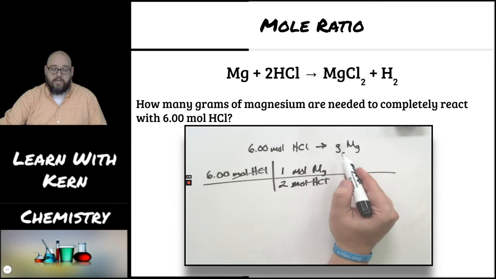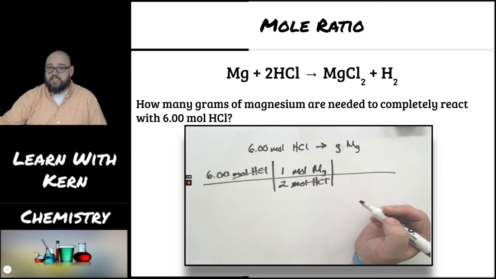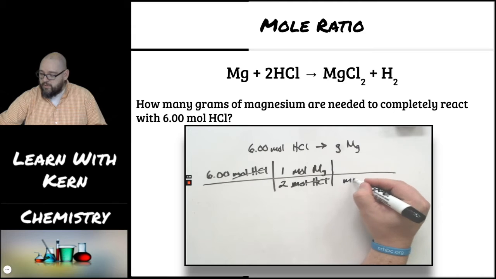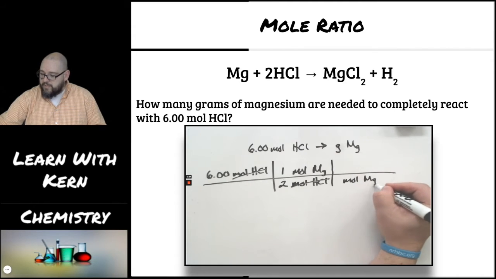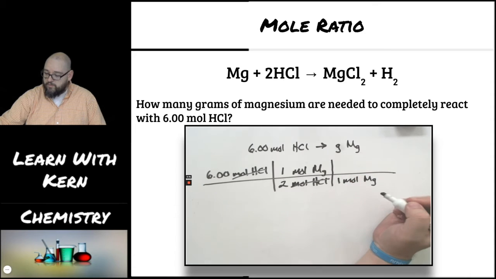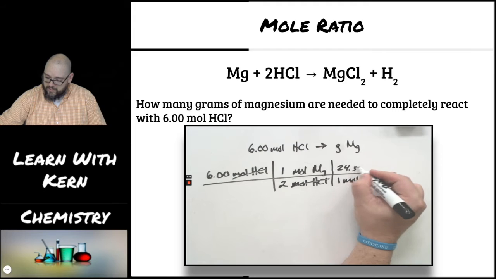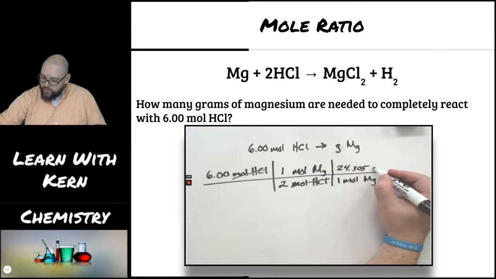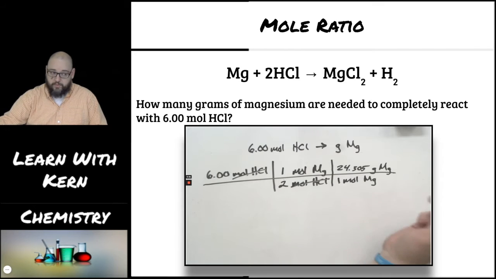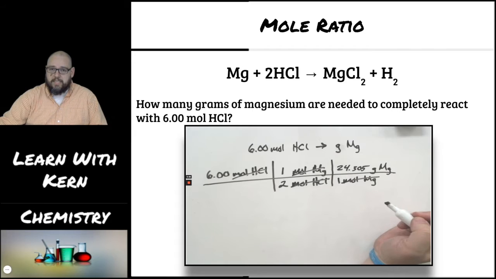But I want grams of magnesium. And so that's where the next step of stoichiometry is to convert to the desired unit. Well, if I have moles of magnesium on the top, I'm going to put moles of magnesium on the bottom. And since we're doing a conversion now, 1 mole of magnesium is equal to the molar mass of magnesium, which I get off the periodic table, and that's 24.305. So my moles of magnesium are going to cancel out.